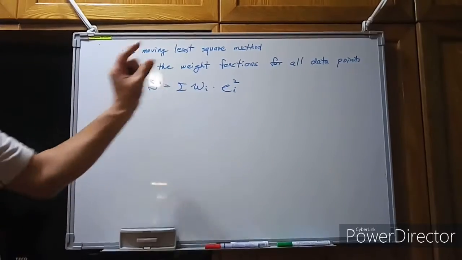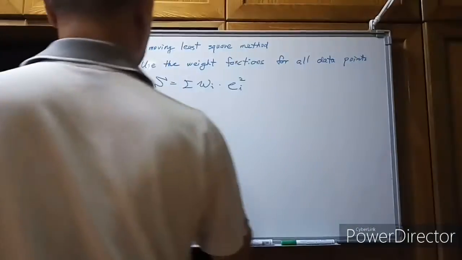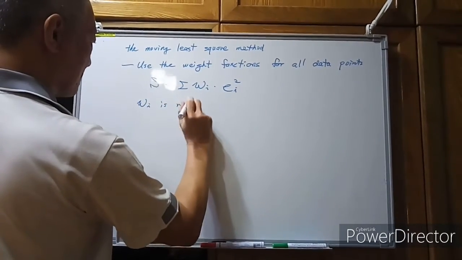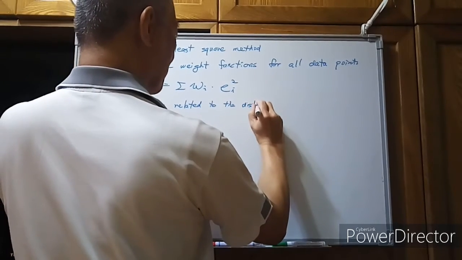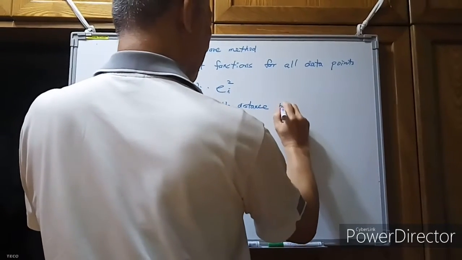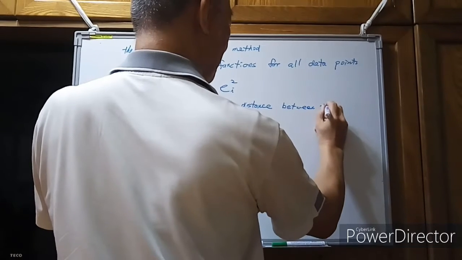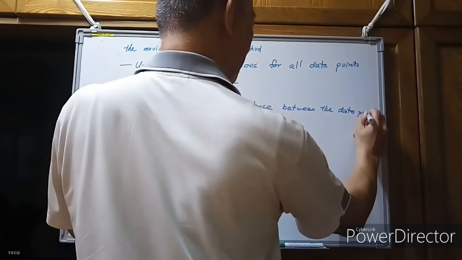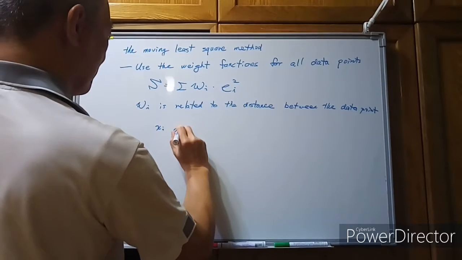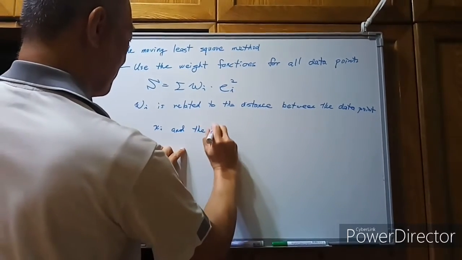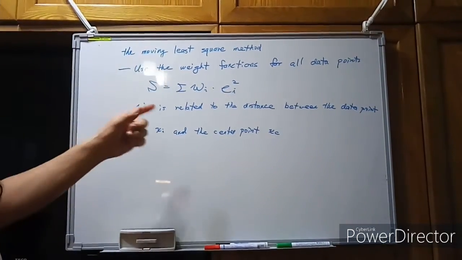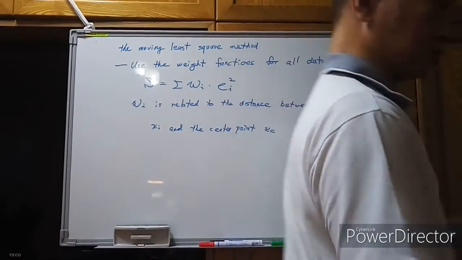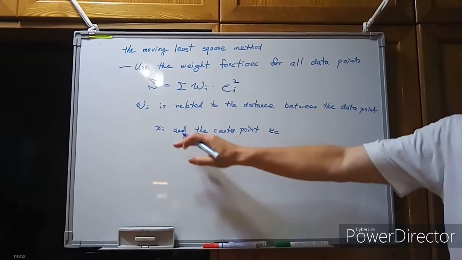We multiply the weight for each data point, and the Wi is a function of the distance between the data point xi and the center point xc, and the center point is also the location we are considering.